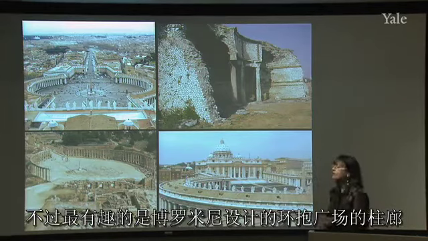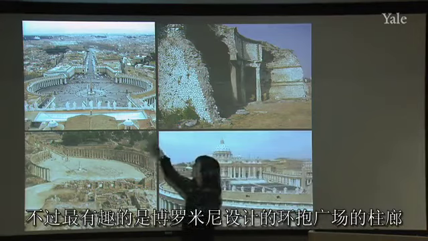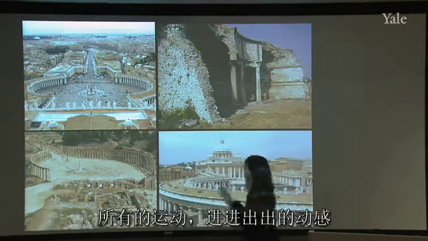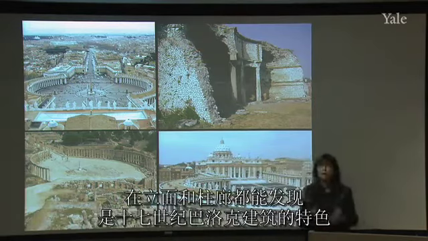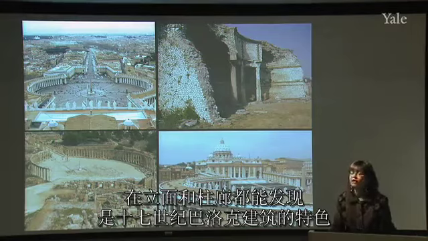But most interesting are the embracing oval arms of Bernini's colonnade, which you can see so well in the view on the upper left. The embracing arms of that colonnade, and all the motion and the in and out movement that we find both on the facade and in the embracing arms, is characteristic of 17th century Baroque architecture.